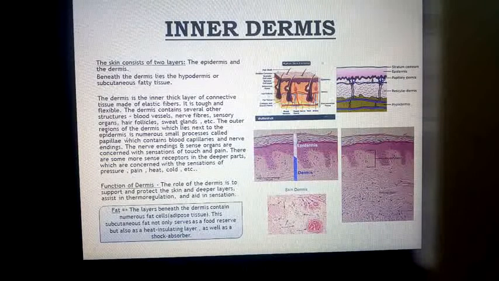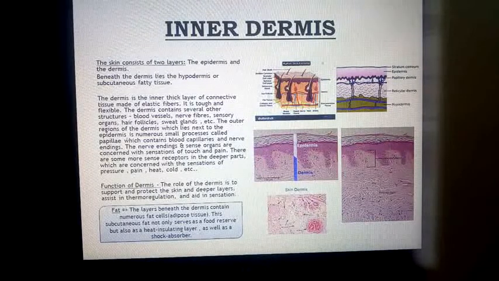The dermis contains several other structures: blood vessels, nerve fibers, sensory organs, hair follicles, sweat glands, etc. The outer region of the dermis, which lies next to the epidermis, has numerous small processes called papillae, which contain blood capillaries and nerve endings.